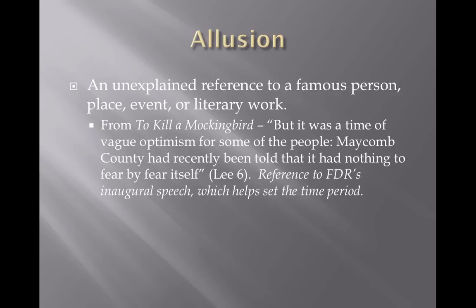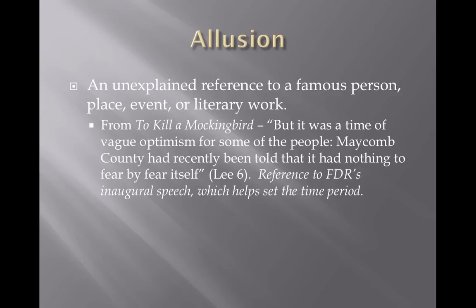So one that we see in To Kill a Mockingbird is from the very beginning, in the exposition: "But it was a time of vague optimism for some of the people. Maycomb County had recently been told that it had nothing to fear but fear," that should be "but fear itself." And that's a reference to Franklin Delano Roosevelt's inaugural speech. He says, "We have nothing to fear but fear itself." It's time to get out of this depression.